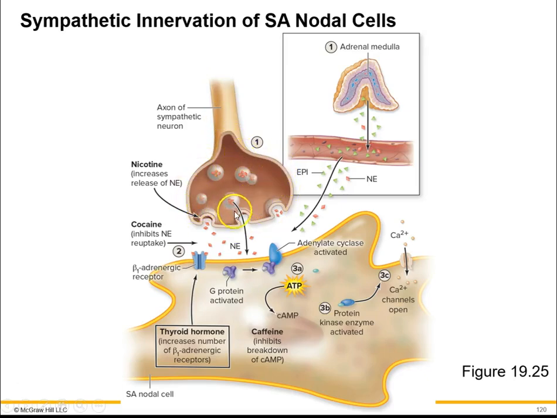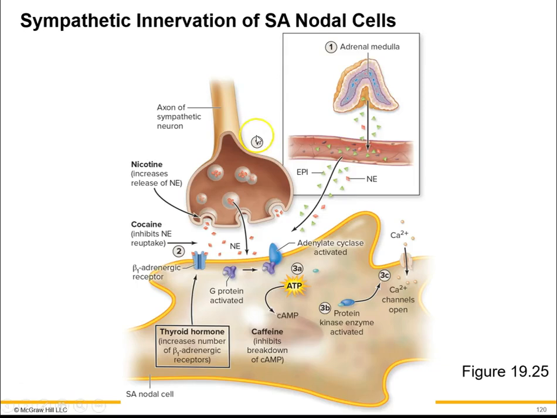Here it is releasing norepinephrine into the synapse, and norepinephrine is then going to bind to the beta-1 adrenergic receptor, which is going to activate the G protein, which is going to activate adenylate cyclase, which is going to cause the production of cAMP, which is going to cause protein kinase to be activated, which is going to cause a lot of phosphorylation, and ultimately calcium channels open, and more calcium can come into the cell, so the cell can fire sooner.